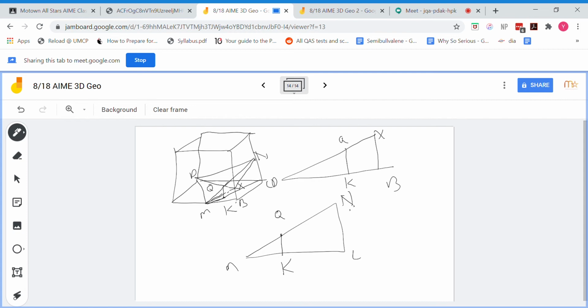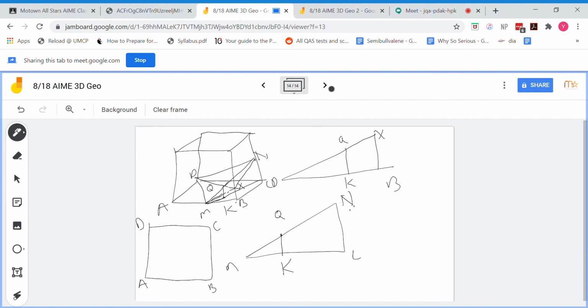So how do we figure this out? Well, first thing to notice is K. K is simply the projection of Q onto the bottom face, which is ABCD. And so the location of K would be determined by the projection of the line DX onto plane ABCD.